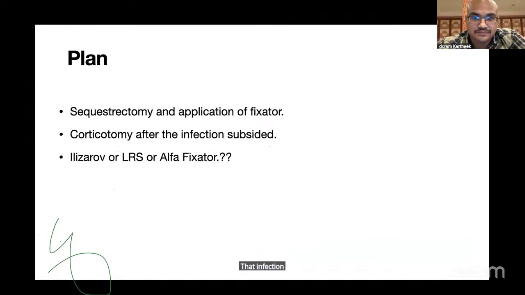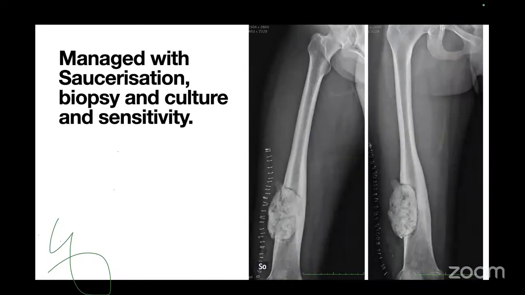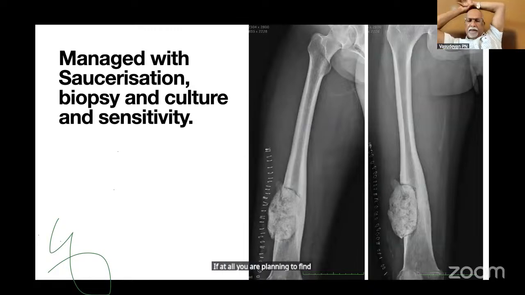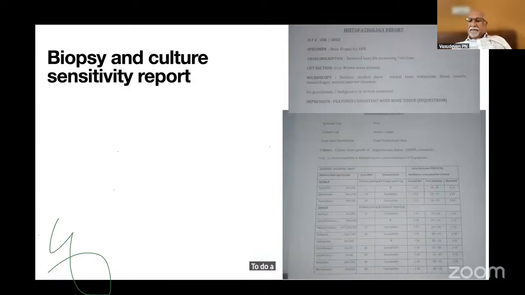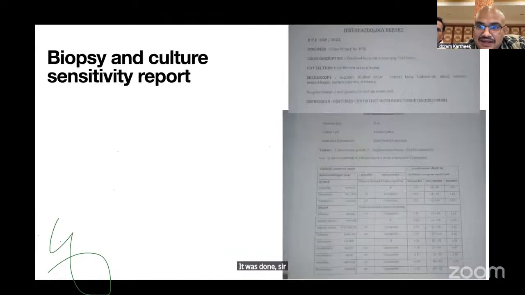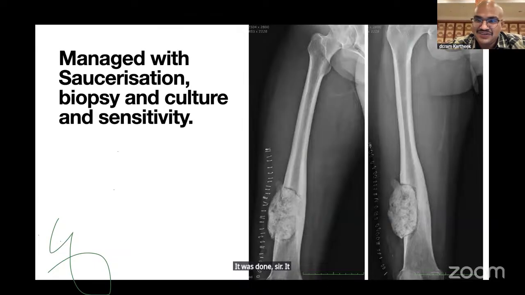Sir. Right, yes, you have got it. If at all you are planning to find a sequestrum, would you like MRI or a CT? I would like to proceed with CT, sir. CT was not done in this case? It was done, sir. It is not with me right now.